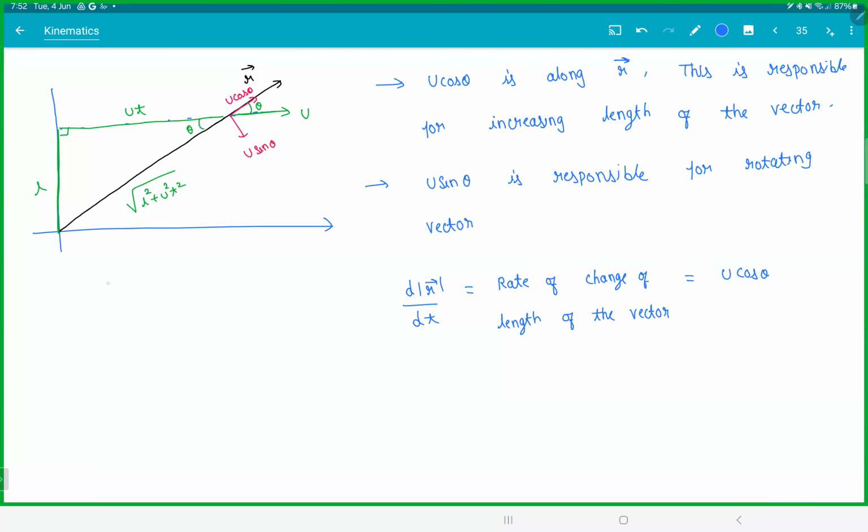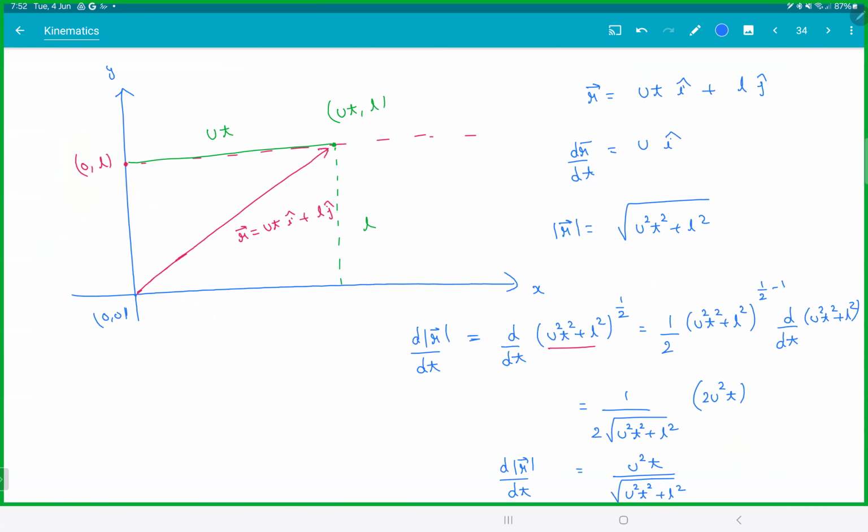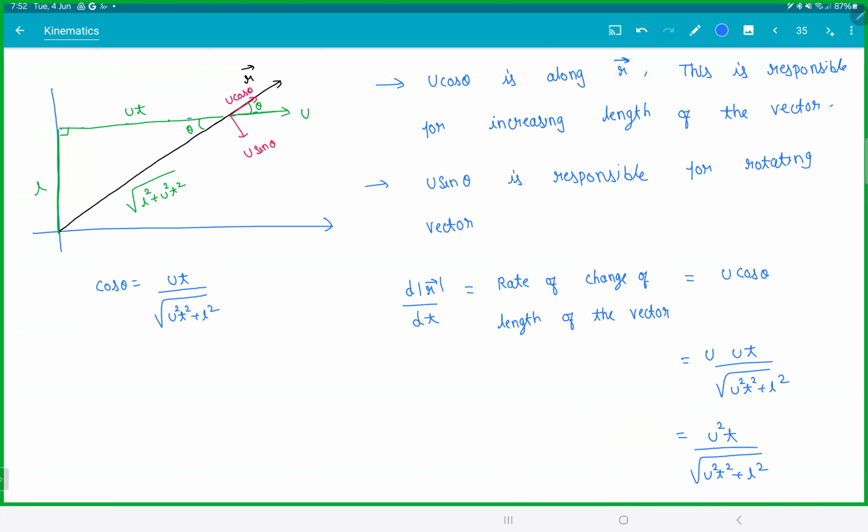Make sense? And what is cos theta from here? Cos theta is the adjacent side ut by the hypotenuse, root over u square t square plus l square. If you substitute here, you end up with u into ut by root over u square t square plus l square, which is u square t by root over u square t square plus l square. Same answer. Is that making sense?